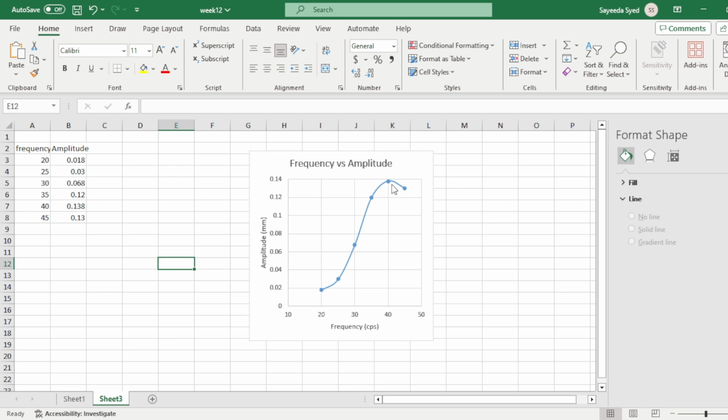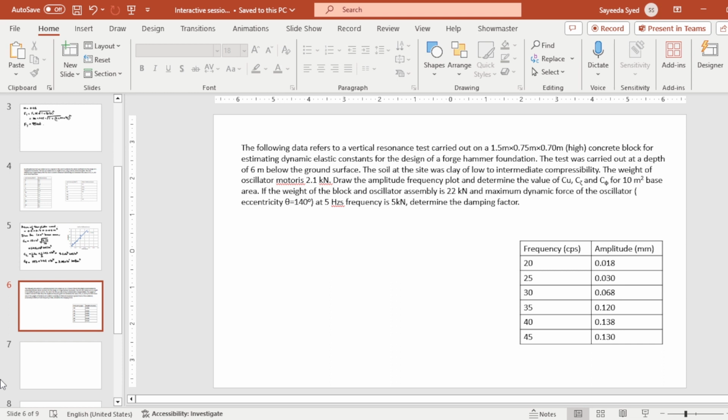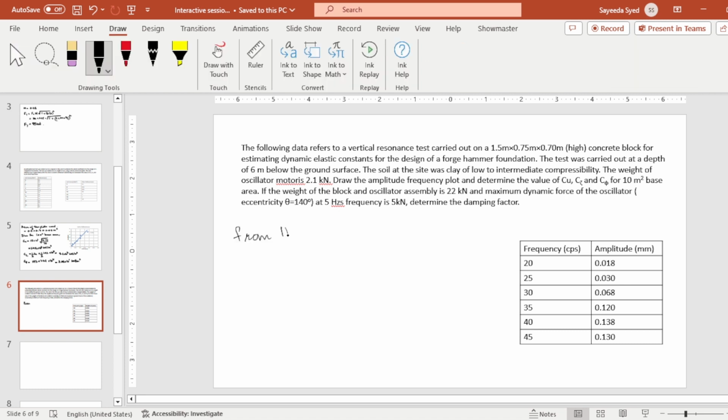Let's take the natural frequency at 43. So from the plot, natural frequency can be taken as 43 cps.